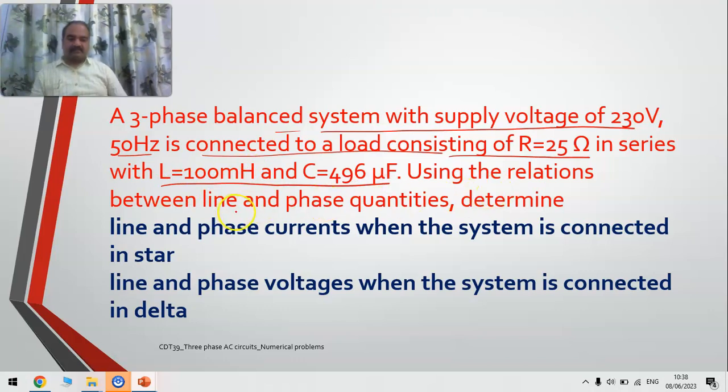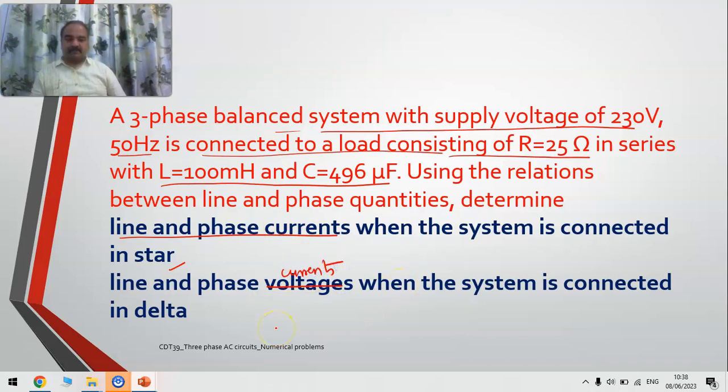Using the relations between line and phase quantities, determine the line and phase currents when the system is in star and the line and phase currents when the system is in delta.